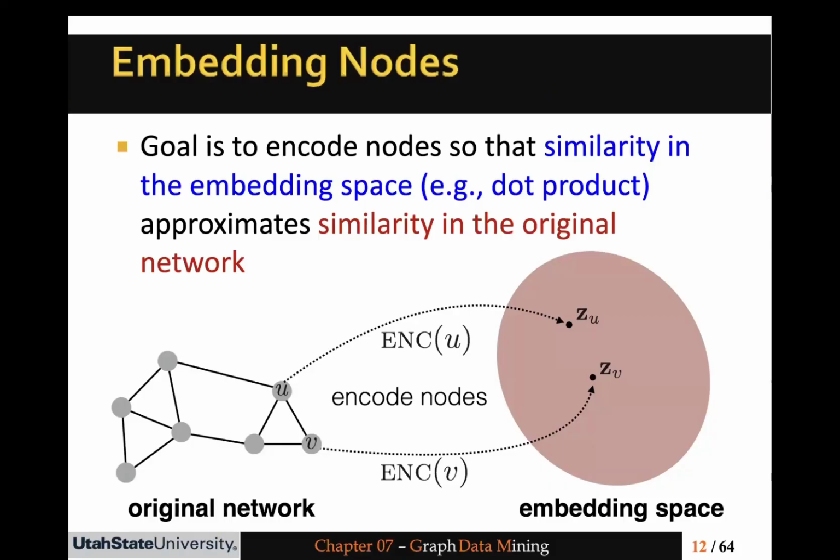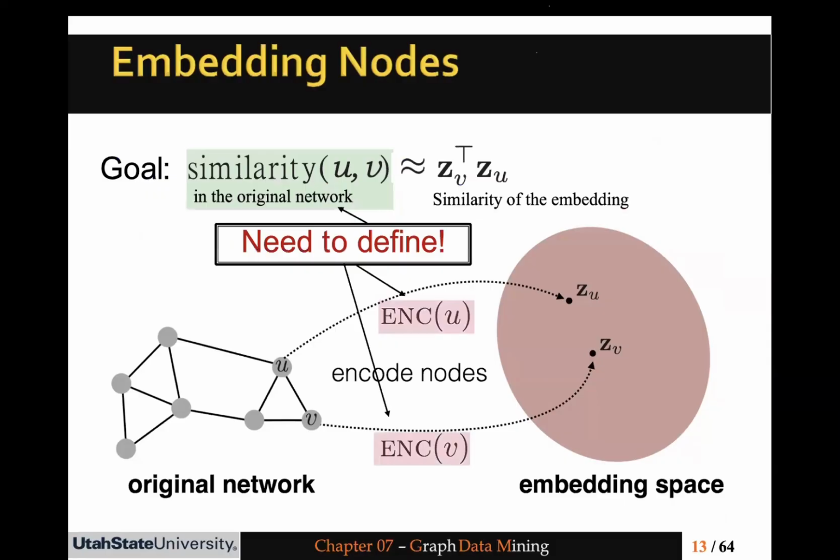In case I want to try to predict whether there will be an edge between random nodes in my network in the future, I can simply take their z_u and z_v, feed them into an off-the-shelf classifier, and that will give me some probability between zero and one. Using some thresholding, I can say that if it's greater than 50%, then probably these two people in this social network will be friends in the near future.